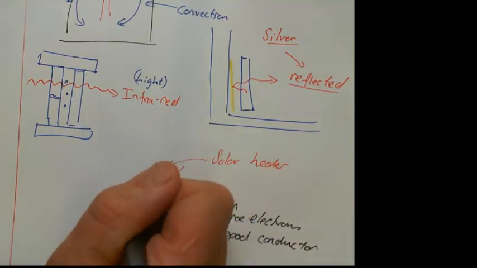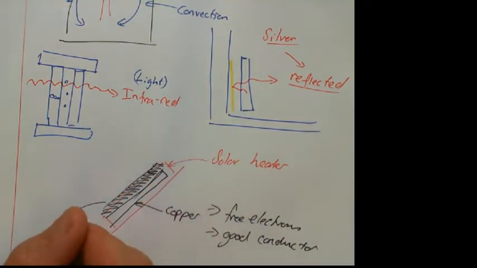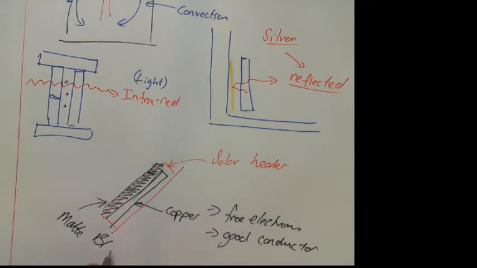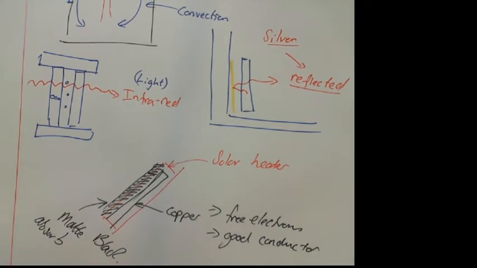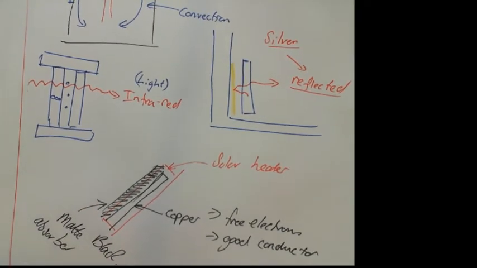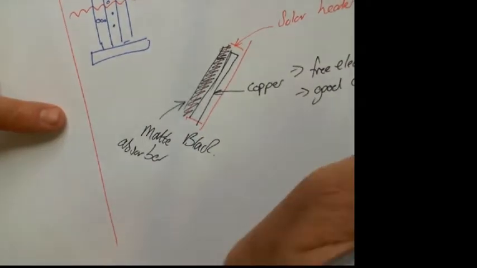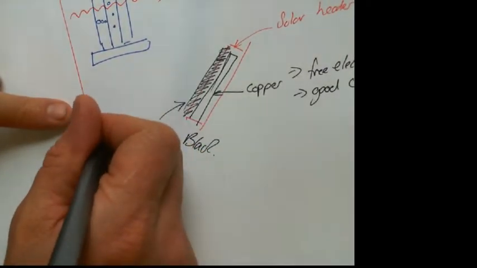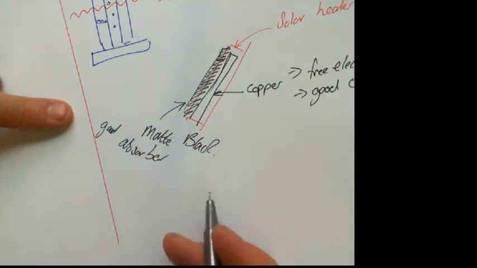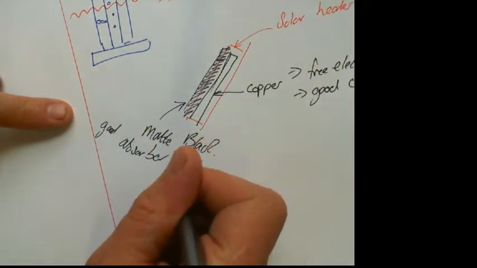And this surface here will be matte black to make sure that this is a good absorber and emitter of radiation. Make sure you use both. So that'll be a good absorber and emitter.